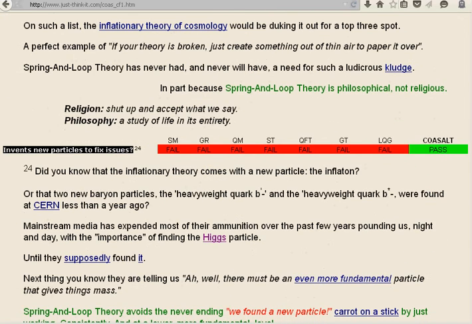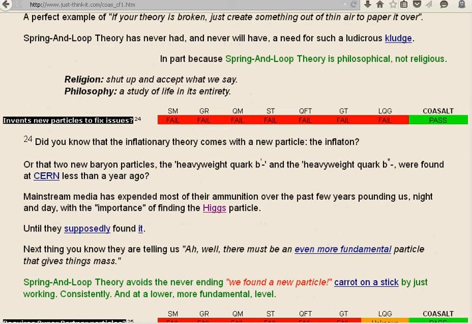Number 24. Does the theory invent new particles to fix issues? Did you know that the inflationary theory comes with a new particle, the inflaton? Or that 2 new baryon particles, the heavyweight quark B- and the heavyweight quark star B-, were found at CERN less than a year ago?